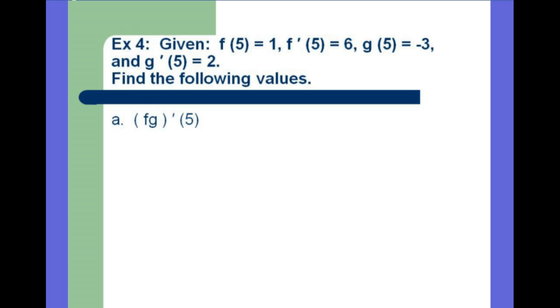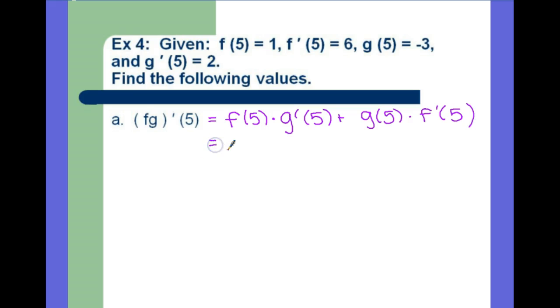Anytime you take a derivative of a product, you have to use the product rule. It's always first times derivative of the second, plus the second times derivative of the first. So that would be f of 5 times g prime of 5, plus g of 5 times f prime of 5.